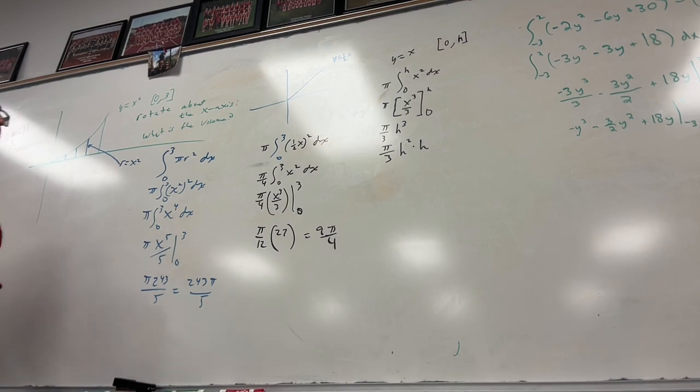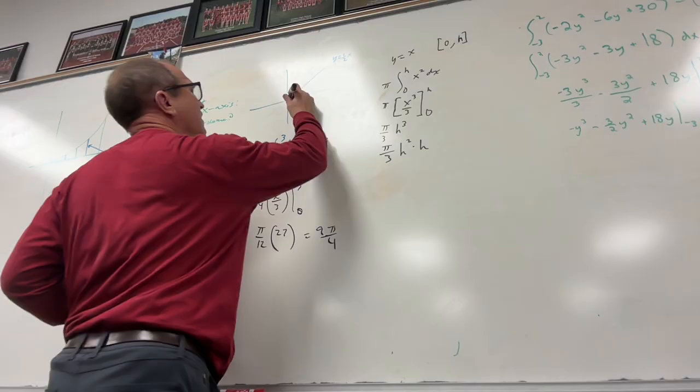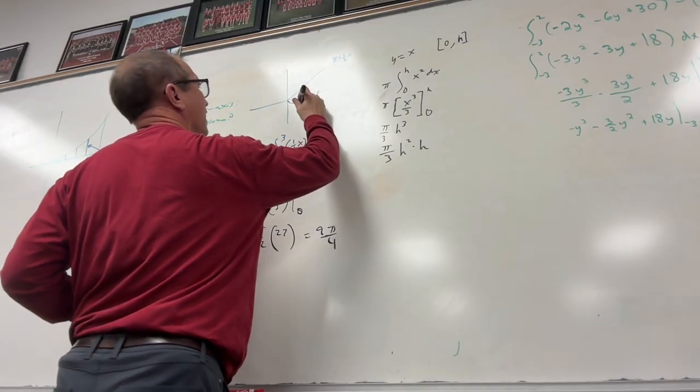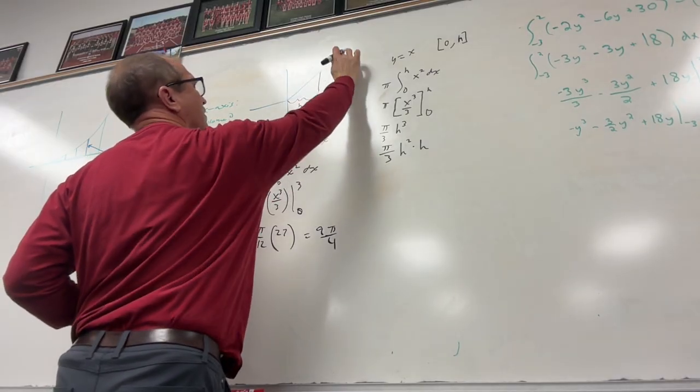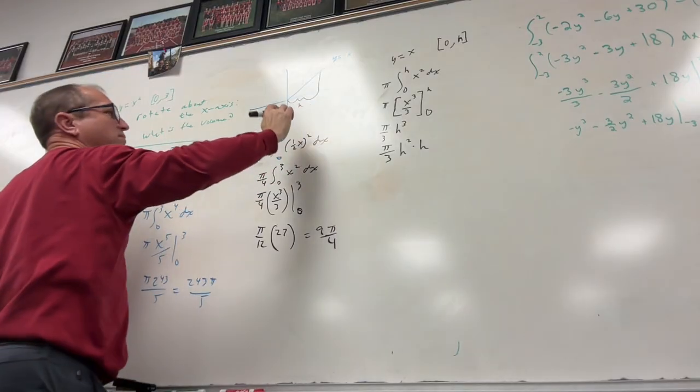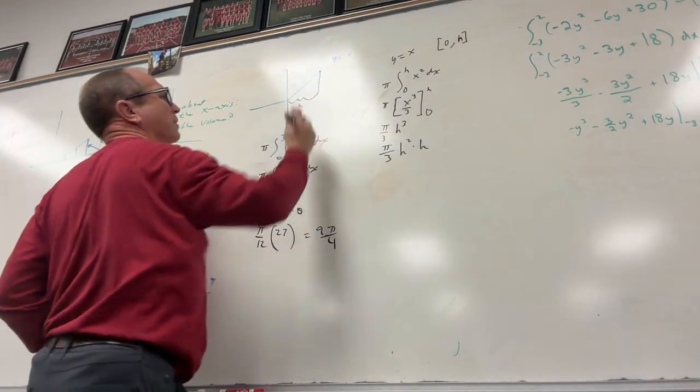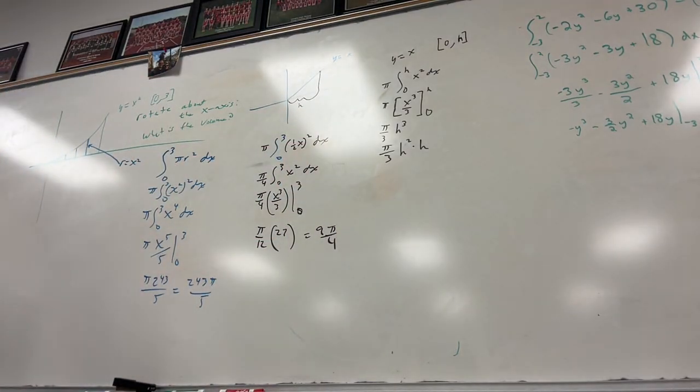Now, if this is h from here to here, this is y equals x, not y equals 1/2 x. What are the coordinates of that point right there? It's h, right? h, h.